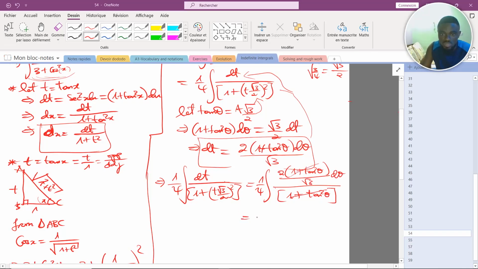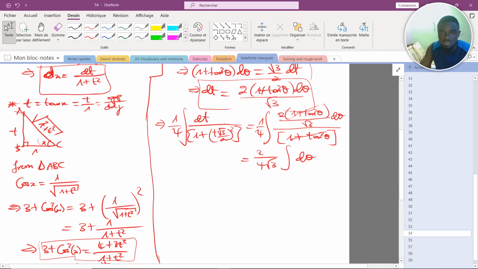So this will be equal to 2 on 4 root 3 integral of what? D theta. You get what I'm saying? So this will be equal to, these two will go with this. We're going to have 1 all over 2 root 3. Integral of d theta is theta plus our constant of integration.